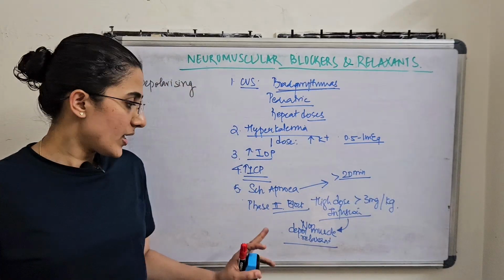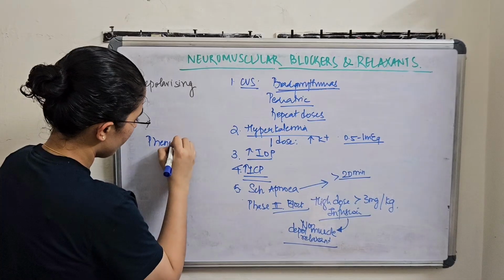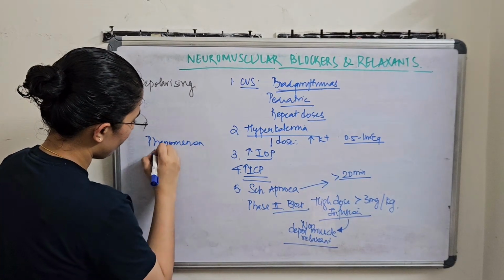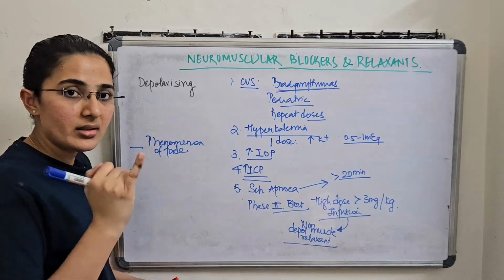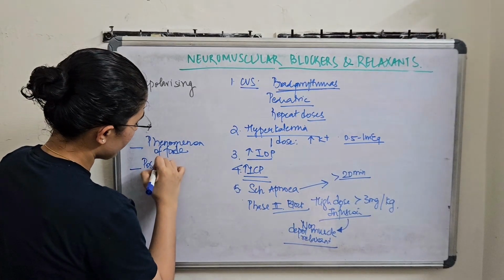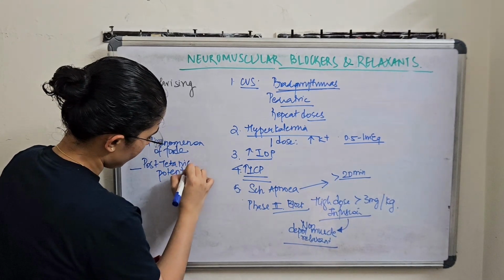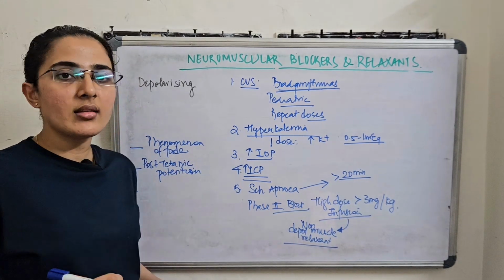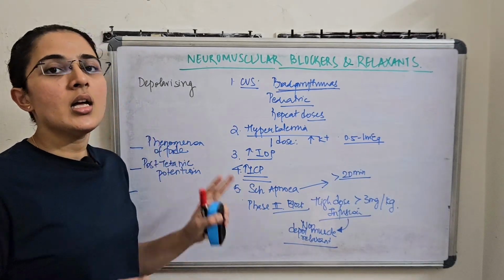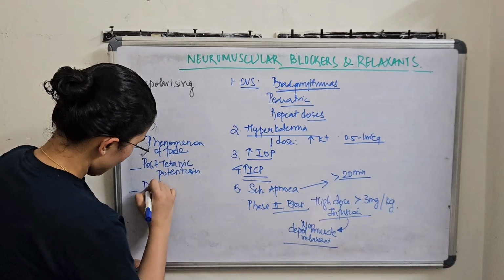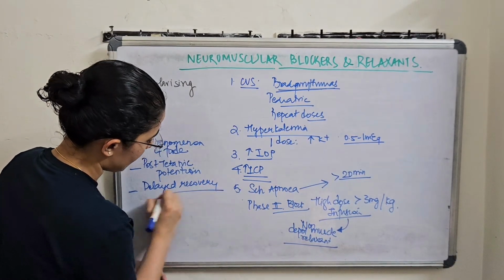So in phase 2 block, what we see is the phenomenon of fade, which is usually seen with the non-depolarizing muscle relaxant. There's also post-tetanic potentiation. When we do neuromuscular monitoring, we will observe that there is fade, there is post-tetanic potentiation, there is delayed recovery and need for mechanical ventilation.